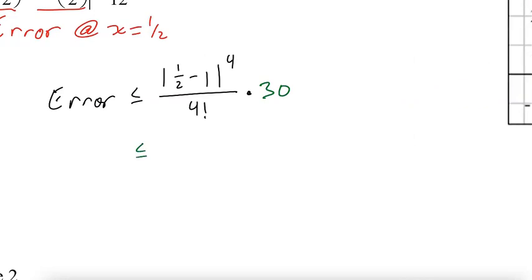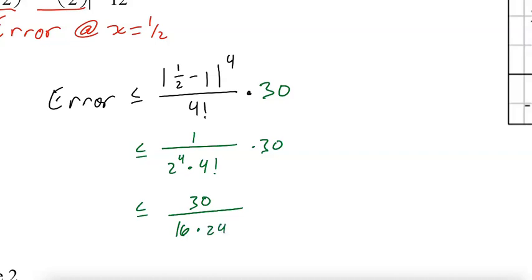So the error should be less than 1 over 2 to the 4th times 4 factorial times 30. Let's do some simplifications. Over 16, 4 times 3 times 2 is 24. 30 over 24 will reduce to, let's see, divided by 6, 5 over 4.